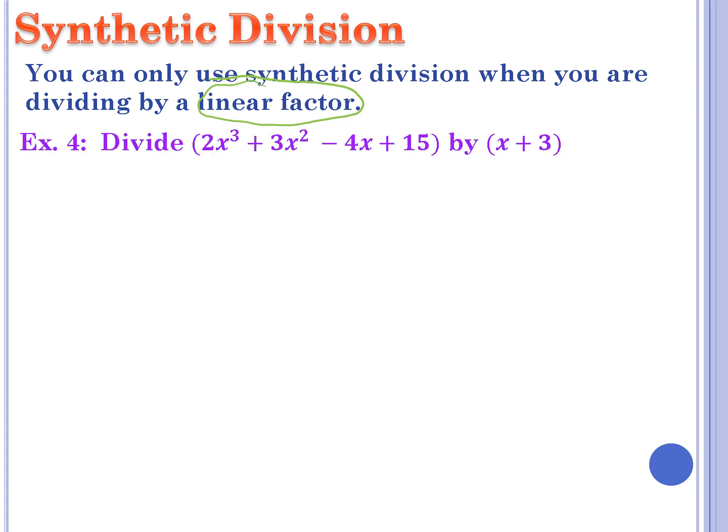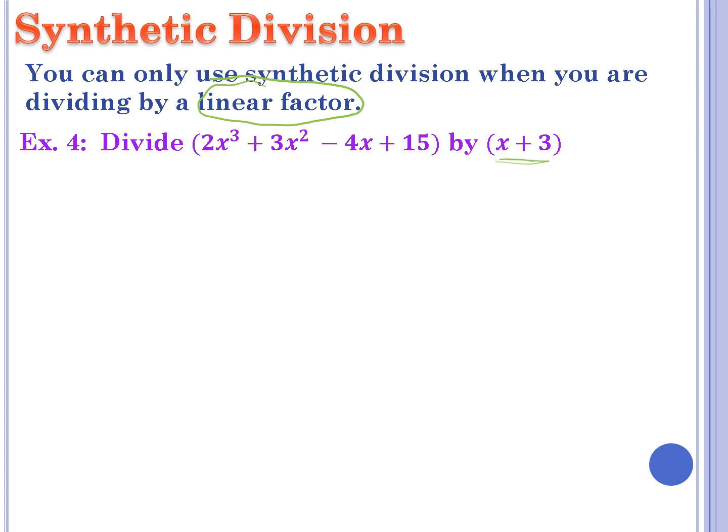So let's look at how we do this. They want us to divide 2x cubed plus 3x squared minus 4x plus 15 by x plus 3. So this is what your factor will look like when we're dividing. It'll have x to the first as the biggest term. Now, we still want to look out and see, do we need 0 terms?